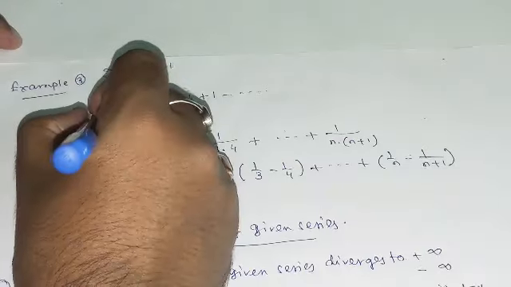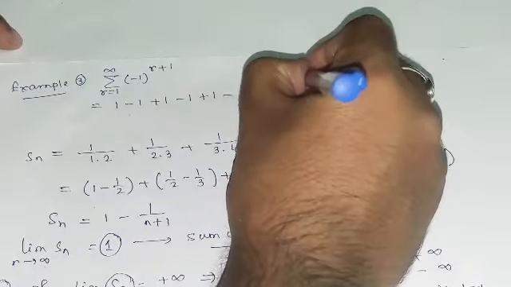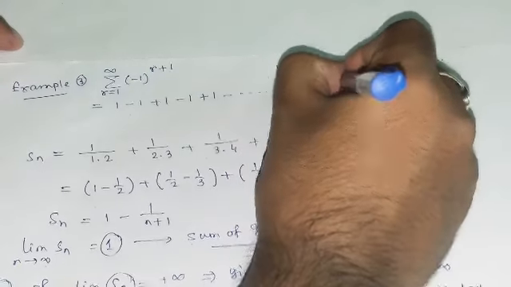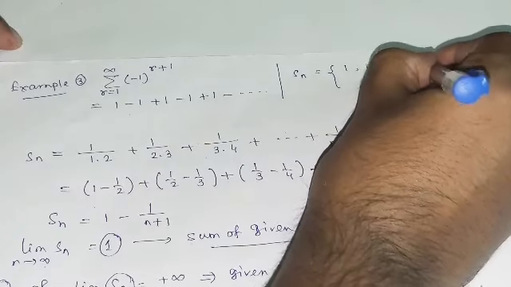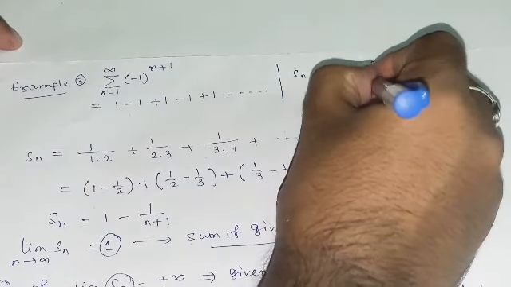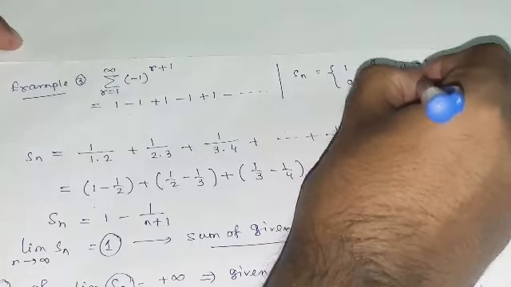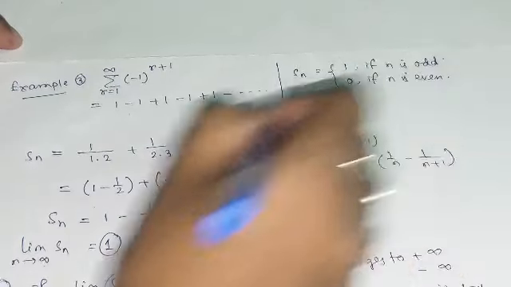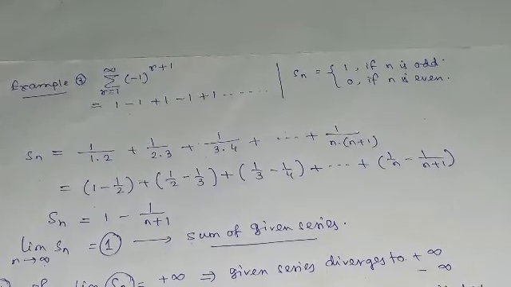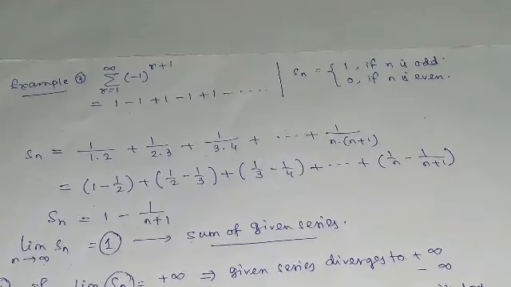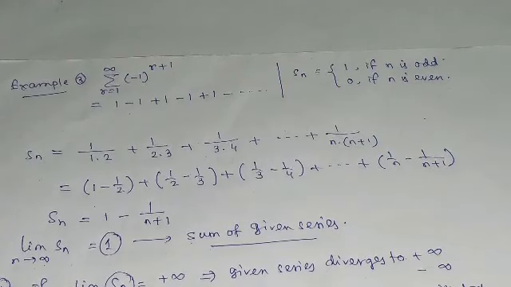In this case our Sn will be 1 if n is odd, and Sn will be 0 if n is even. So the limit of Sn will be 1 when n is odd and 0 when n is even.